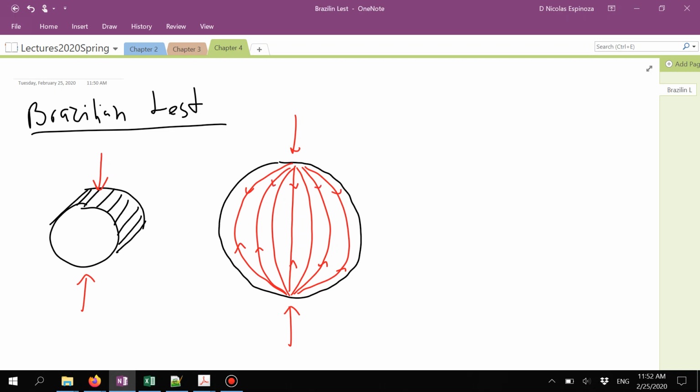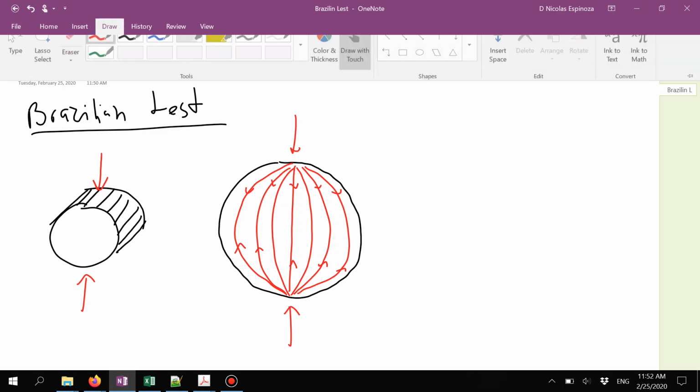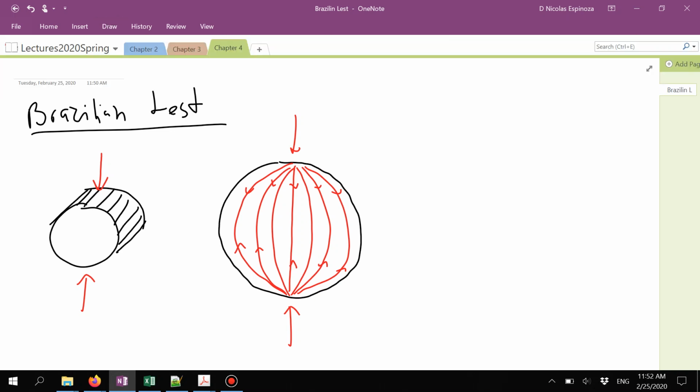And because the compression is going to be bending, that's going to create a stress in the perpendicular direction, which is going to be a tension.